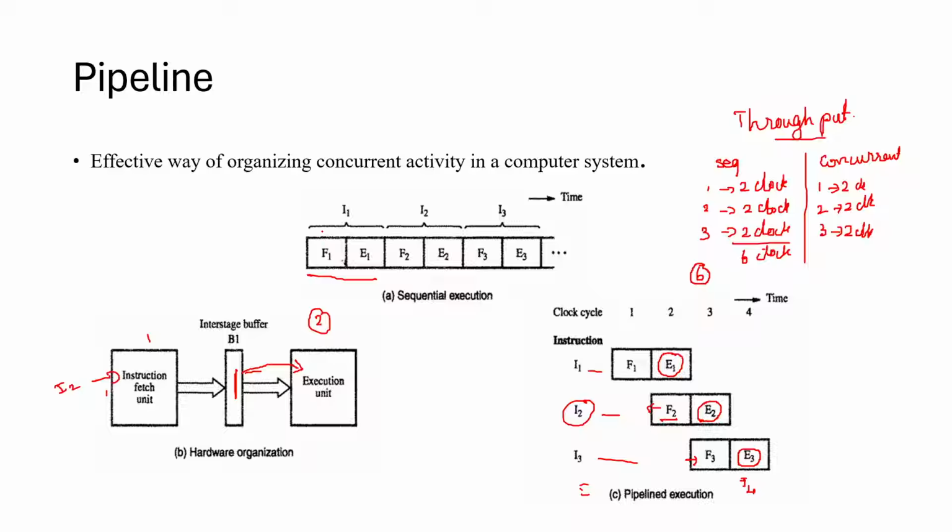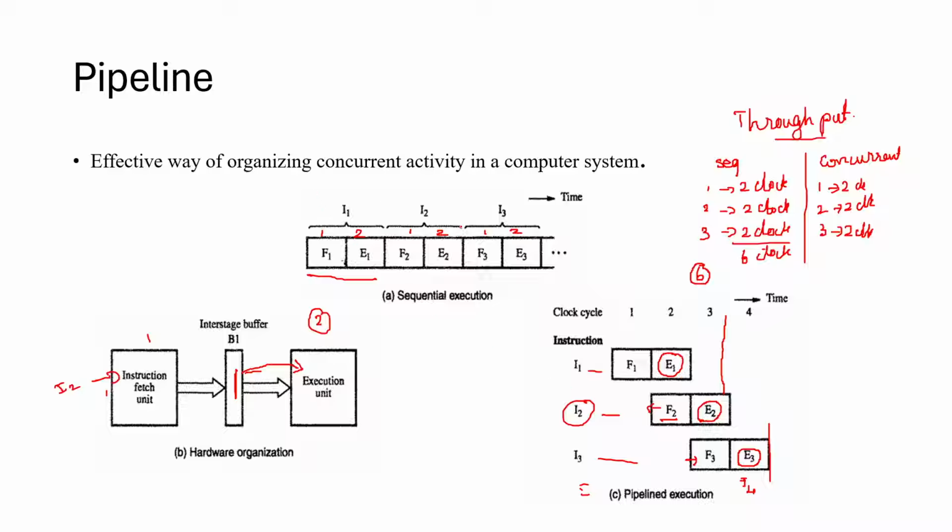But the difference is that here it is a concurrent activity. While instruction 1 is in execution, instruction 2 is in the fetch stage. So at the end of clock cycle 3, two instructions have completed their execution. At the end of clock cycle 4, 3 instructions have completed their execution.